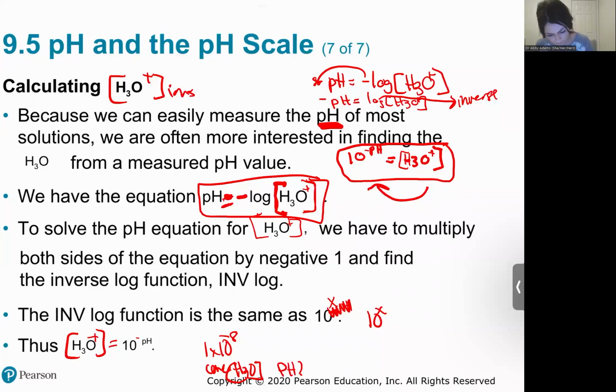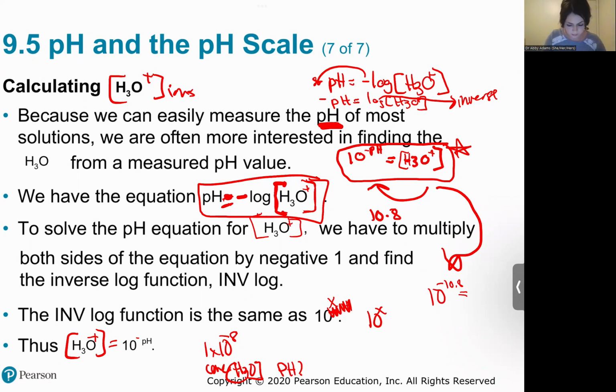Looking at this equation right here, let's say our pH is 10.8. So we're going to have to put in our calculator 10 to the power of -10.8, and that's going to give us our answer. So how do we put that in the calculator?